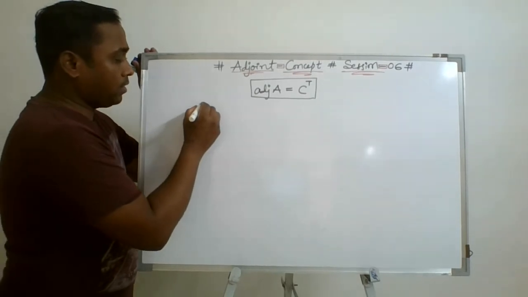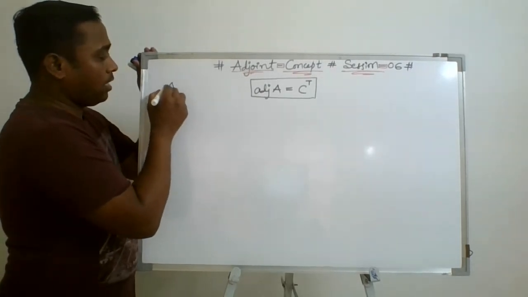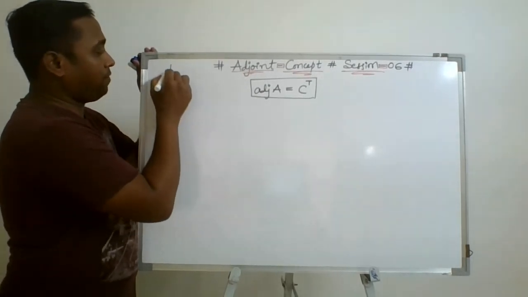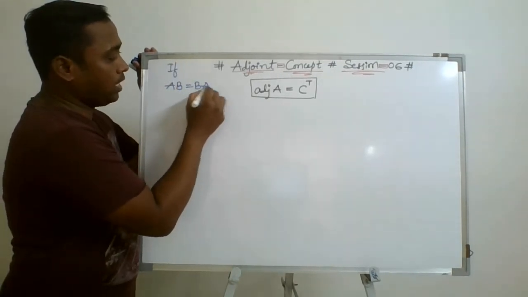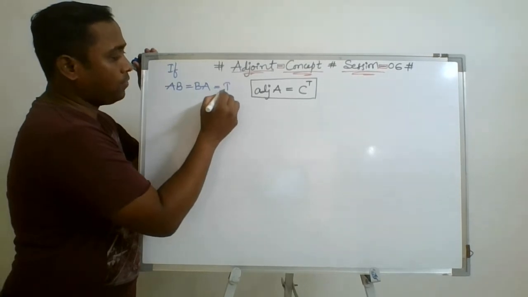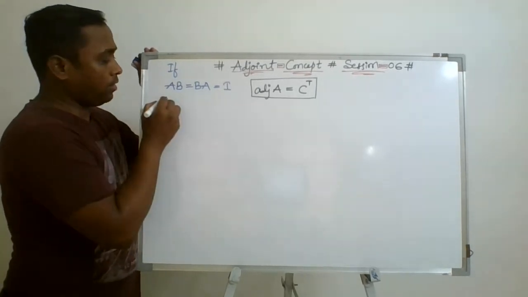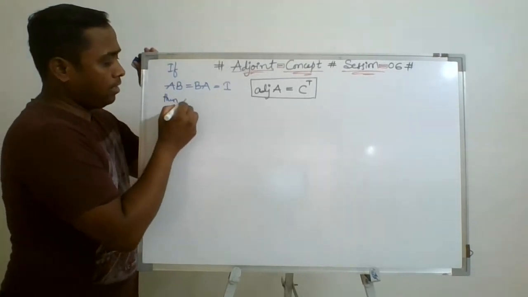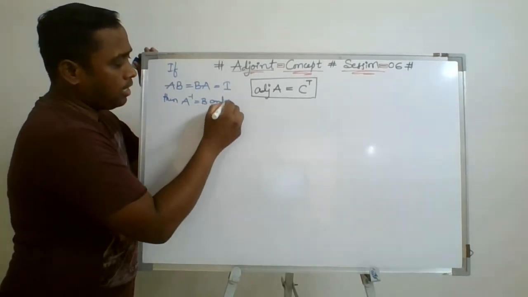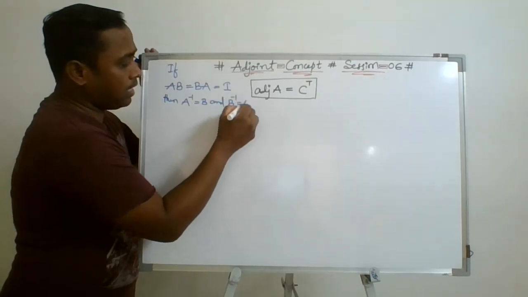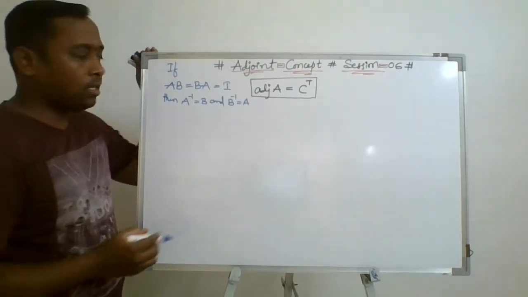We were discussing one important result that if A into B is equal to B into A, and the product gives the identity matrix, then we said the inverse of A is B and the inverse of B is A. Do you remember this one?